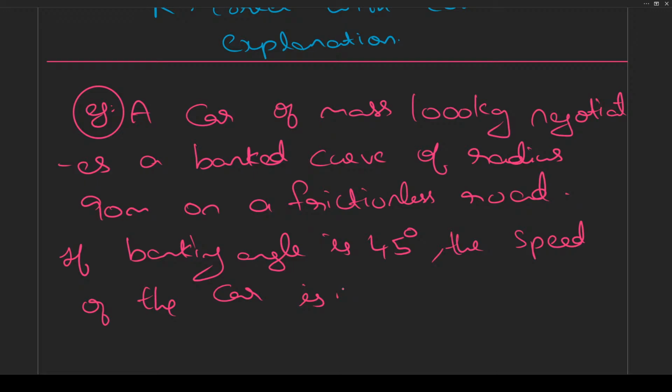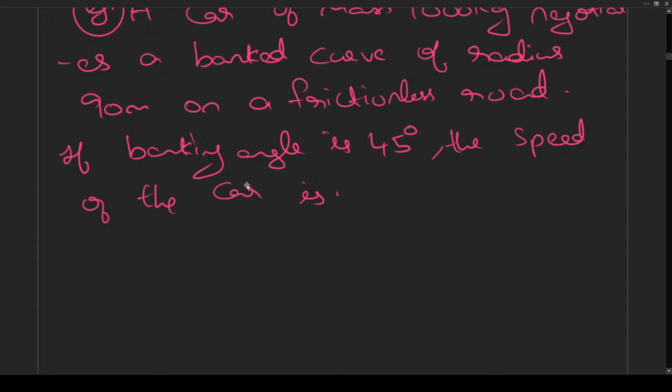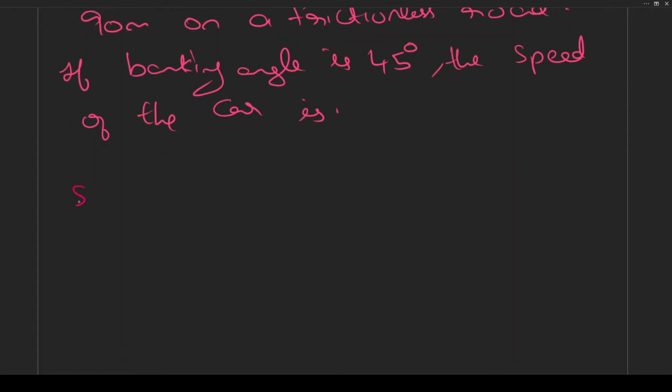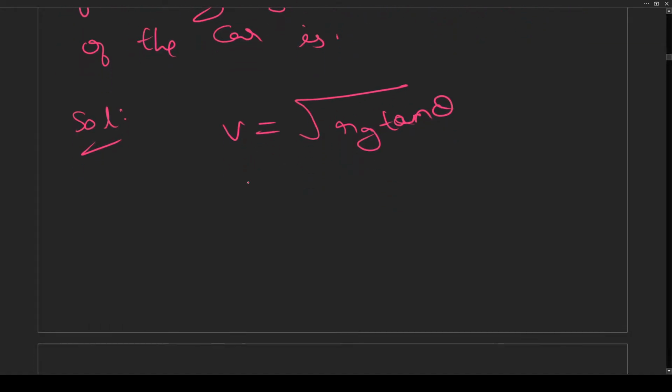When there is no friction, the formula is V equal to root of R g tan theta, V square is equal to R g tan theta.